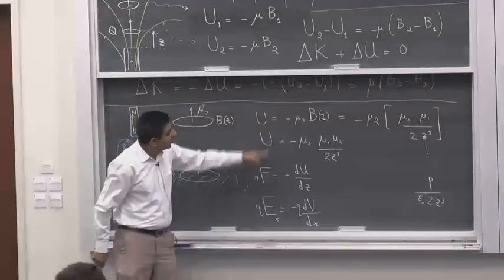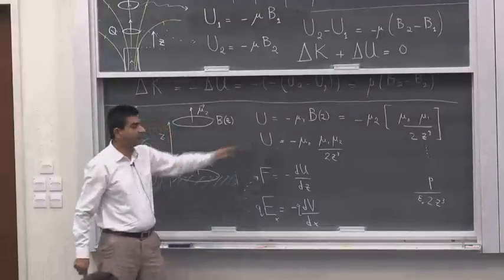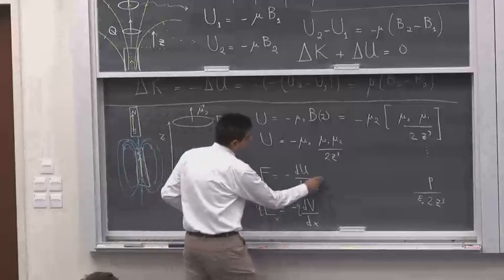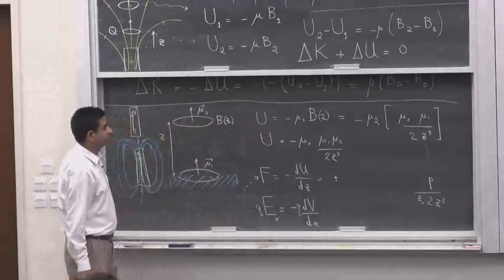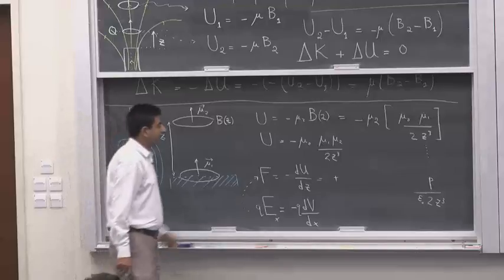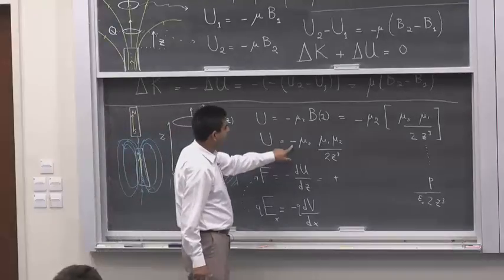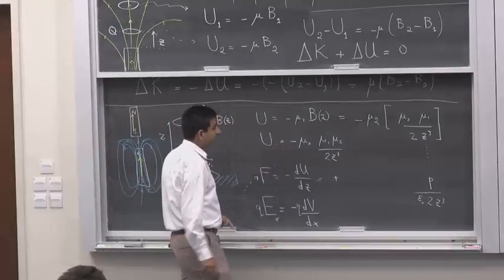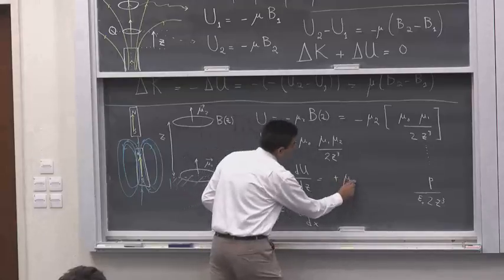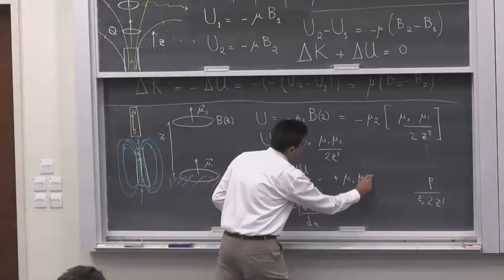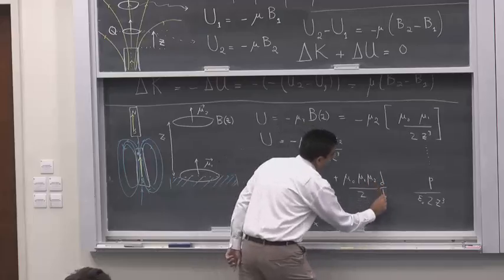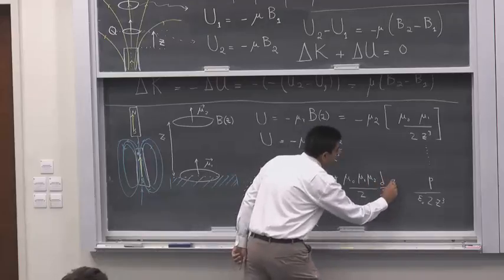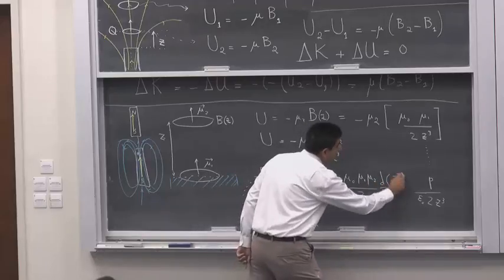Now this force can be calculated from the derivative of U, and it turns out to be positive, because there's a minus sign here and there's a minus sign here. Plus mu naught mu1 mu2 over 2 times the derivative of 1 over z cubed, which is minus 3 over z to the 4.